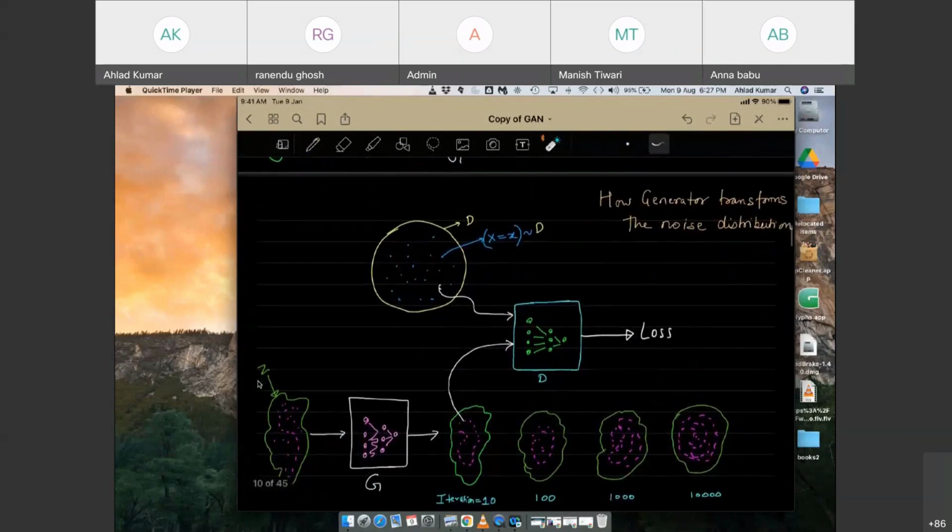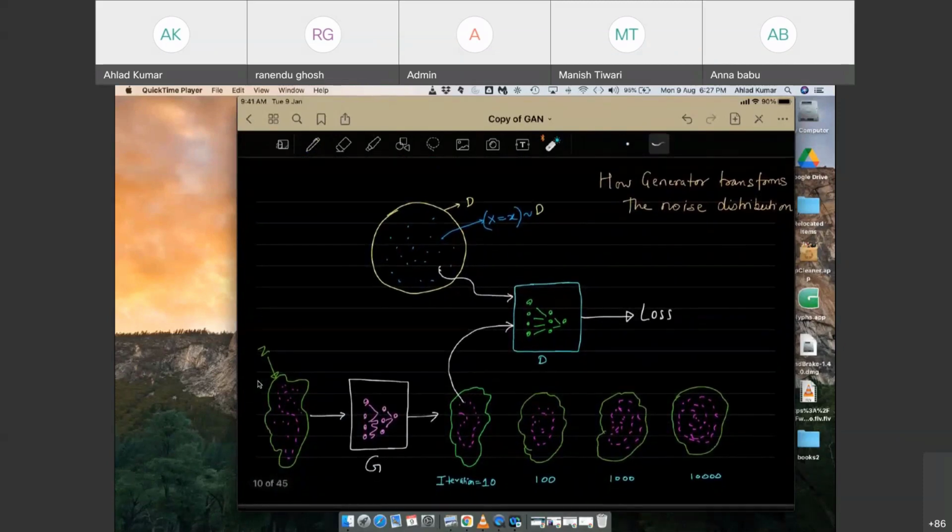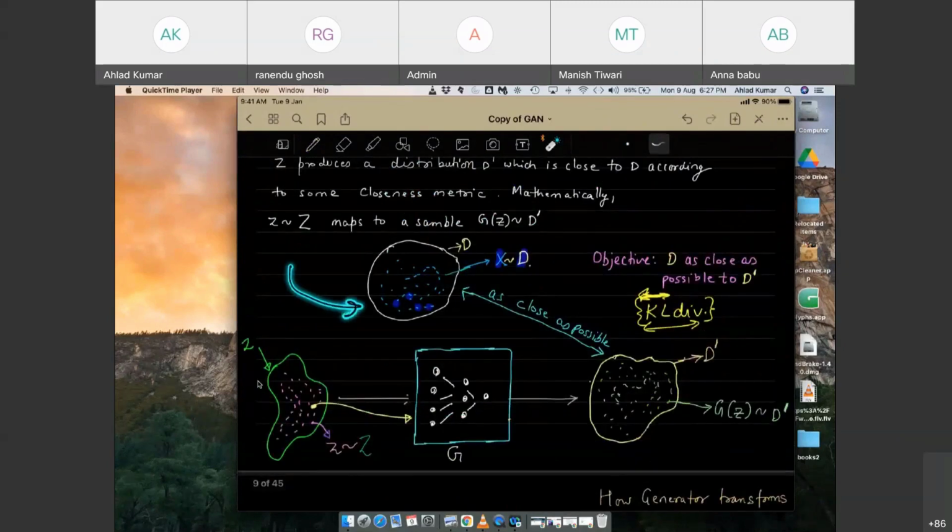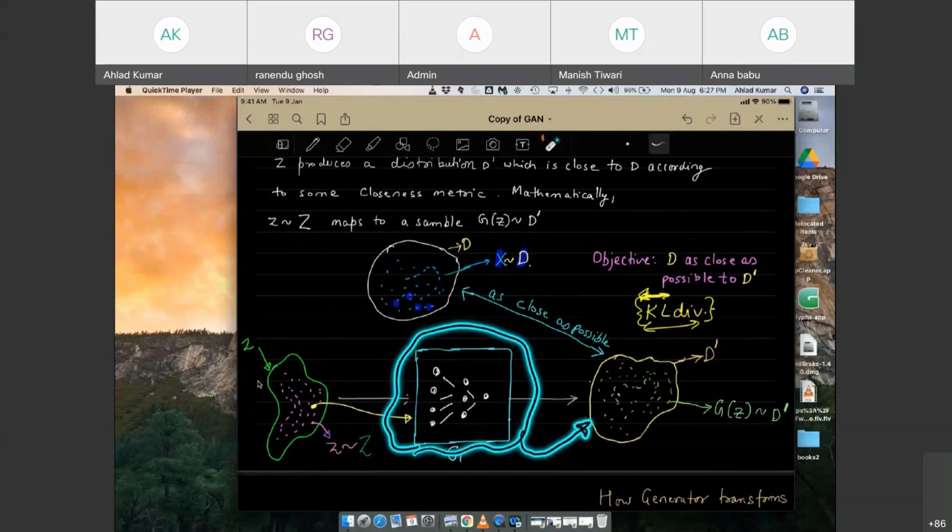This is again showing you the same phenomenon which I was discussing, but I am showing you how gradually this generator becomes smart enough so that the contour plots we get here as D hat become refined with each and every iteration, and better and better as the training iterations proceed.